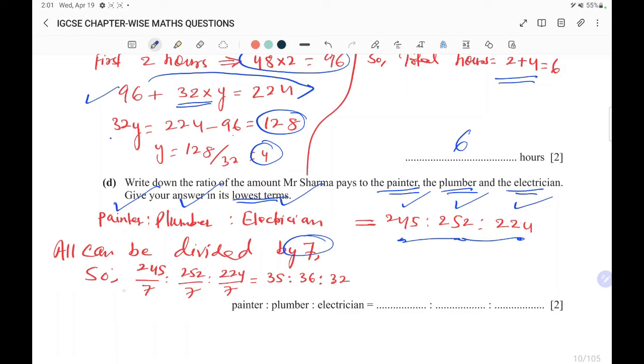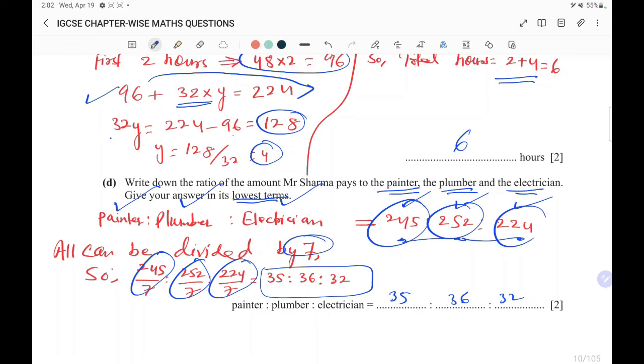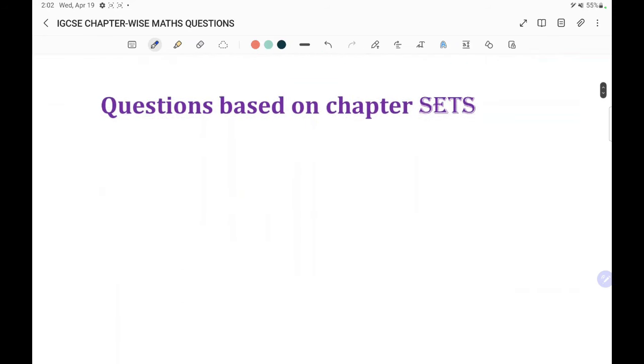So just divide by 7: 245 over 7, 252 over 7, 224 over 7. In lowest terms you will get 35, 36 and 32. So here you can write 35, then 36, then 32. Your question is to observe by which number these three numbers can be divided.